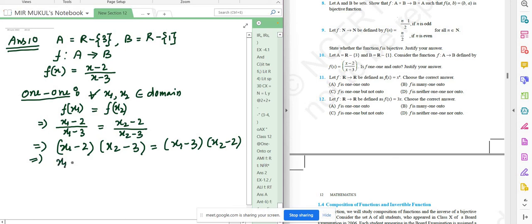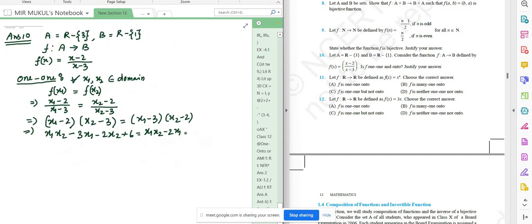Then x1x2 minus 3x1 minus 2x2 plus 6 on the left. Here we are getting x1x2 minus 2x1, then minus 3x2 plus 6. x1x2 cancels, and 6 and 6 cancel from both sides.